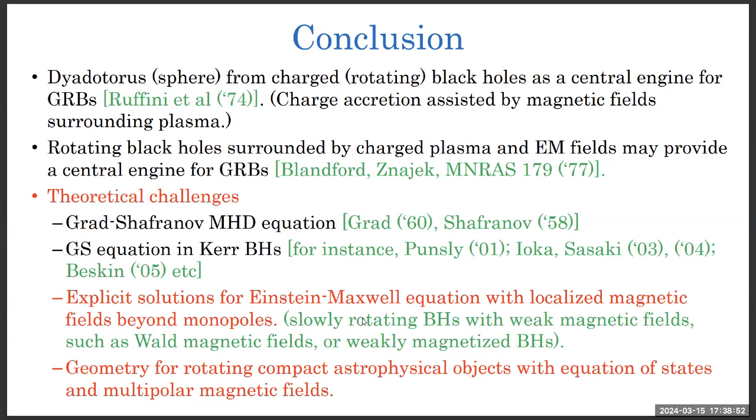She and her collaborators identified about 30 magnetars, highly magnetized neutron stars with magnetic field higher than 10 to the 13 Gauss. Now this is the real astrophysical compact object. Now, what is the geometry, the general relativity space-time geometry?